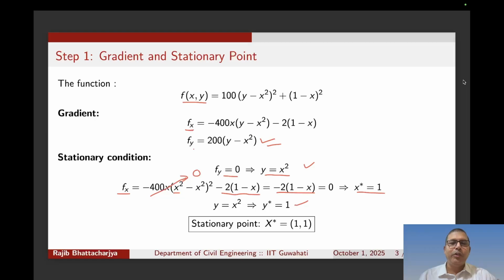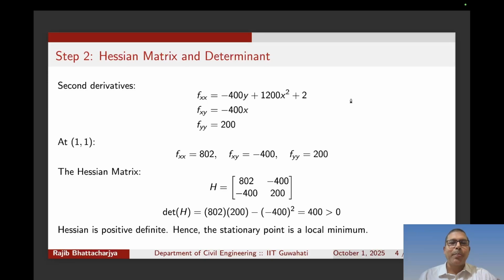Now we need to evaluate whether this stationary point is a minimum point, a maximum point, or neither minimum nor maximum. For that, we'll calculate the Hessian matrix. What is the Hessian matrix? The Hessian matrix is nothing but the second derivative of the function. So let us calculate it.